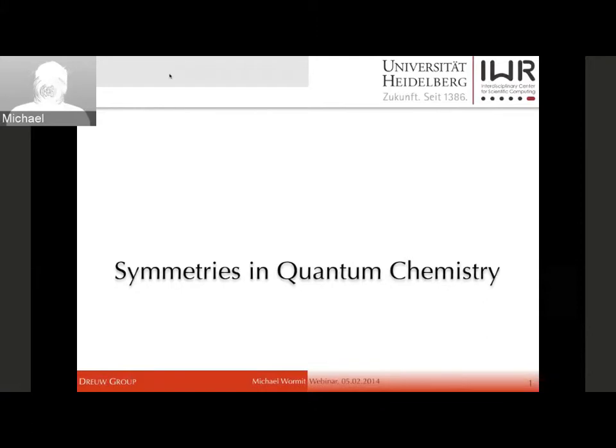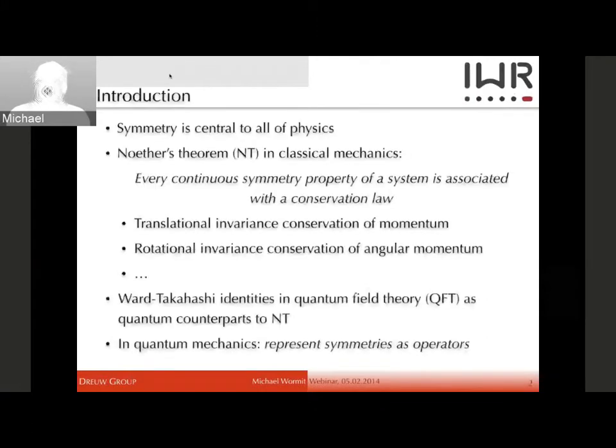All right, so a very brief introduction. Symmetry is central to all of physics, and probably the most important theorem about symmetry in physics is Noether's theorem in classical mechanics, which says that every continuous symmetry property of a system is associated with a conservation law.